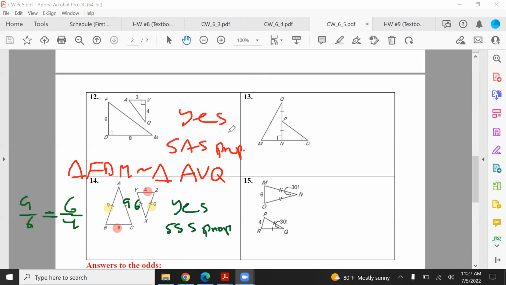So when you state it, you can say triangle ABC is similar to triangle XYZ. You could go either X, Z, Y, or X, Y, Z, it doesn't really matter.